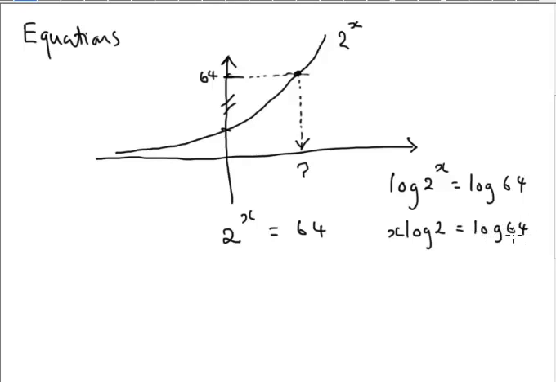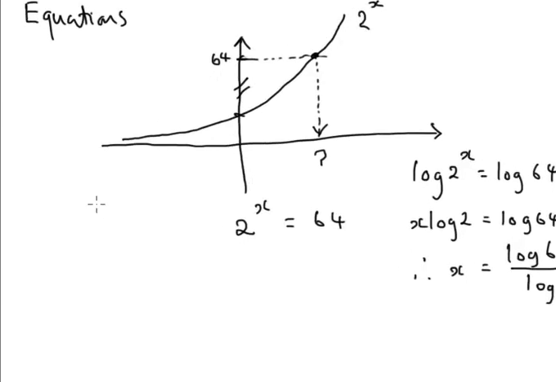Remember, log of 64 is a number, log of 2 is a number, isn't it? Therefore x equals log 64 divided by log of 2. Then you can go to the calculator and simplify, and give the number of decimal places specified, or just choose your own.